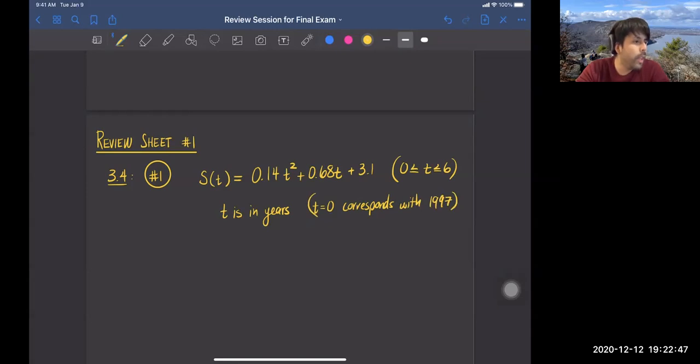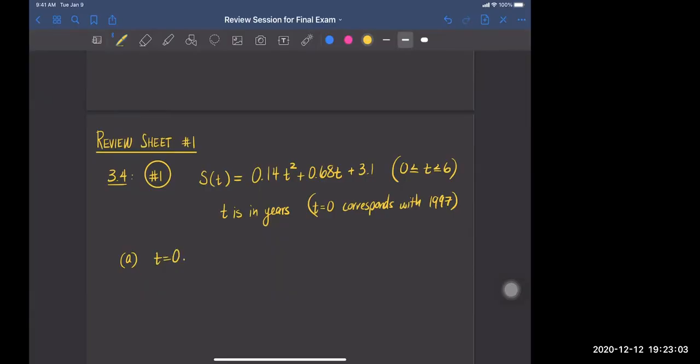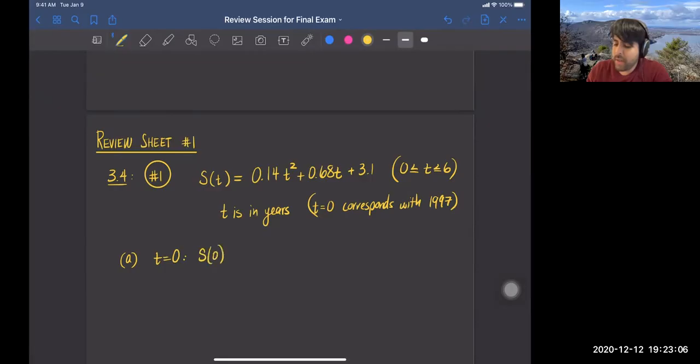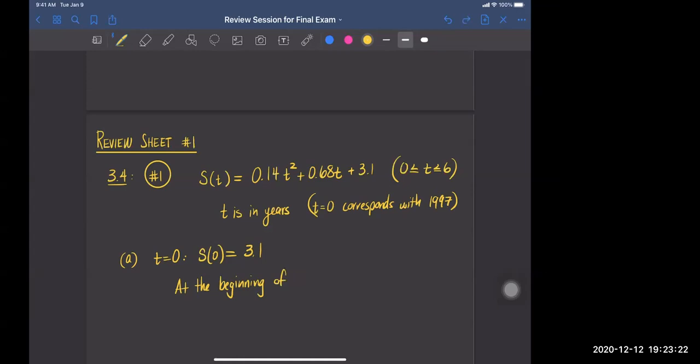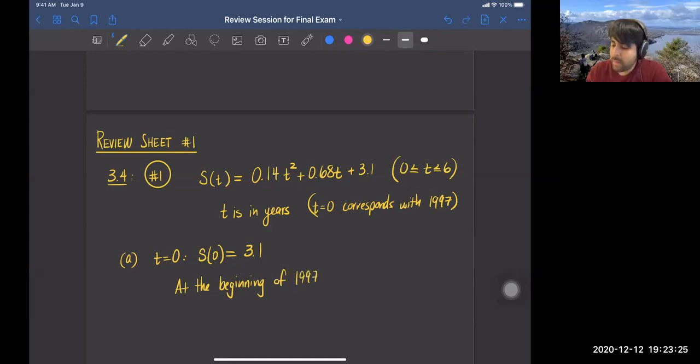It says, what is the sales at the beginning of 1997? So part A, what is the sales at the beginning of 1997? So what does that mean? That means that t equals 0. And what does s of t represent? It represents sales for the year. So you just plug in 0, right? And you get 3.1. So then, what are the sales at the beginning of 1997?